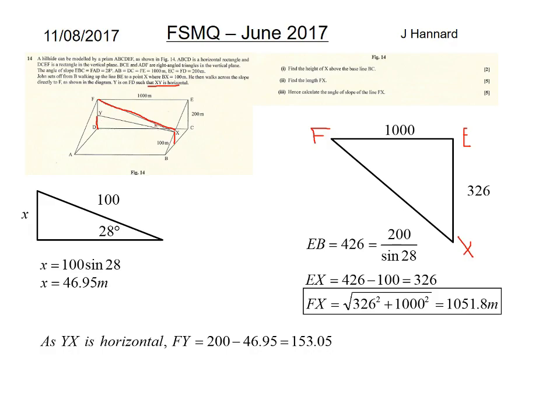And then we work out this angle here, and we do a sine to the minus 1 job because we've got the opposite and the hypotenuse, which is FX. So it's 153.05 over 1051.8, and it turns out to be 8.37 degrees.